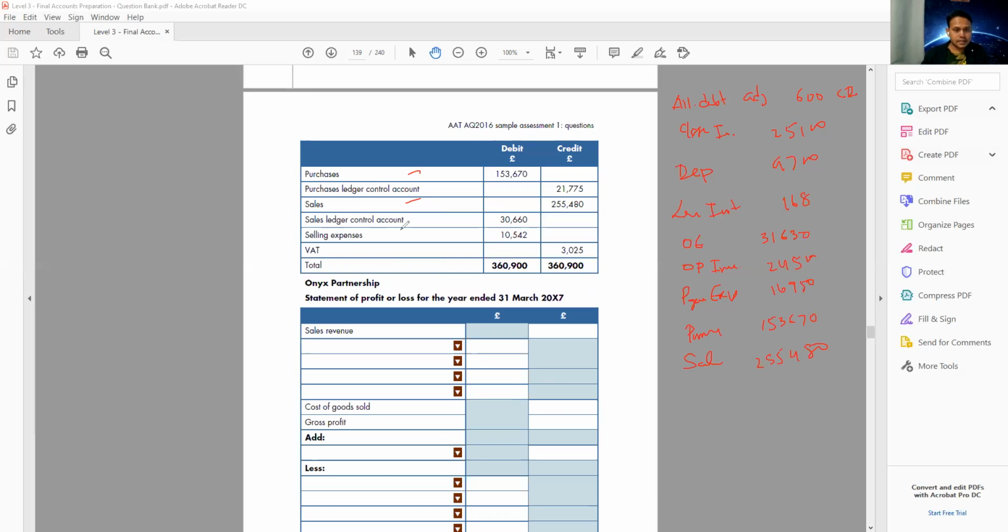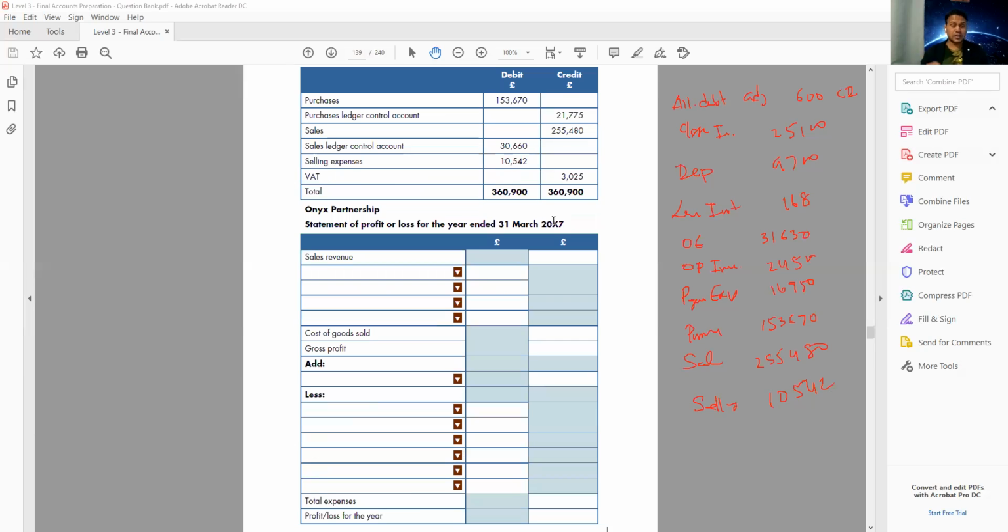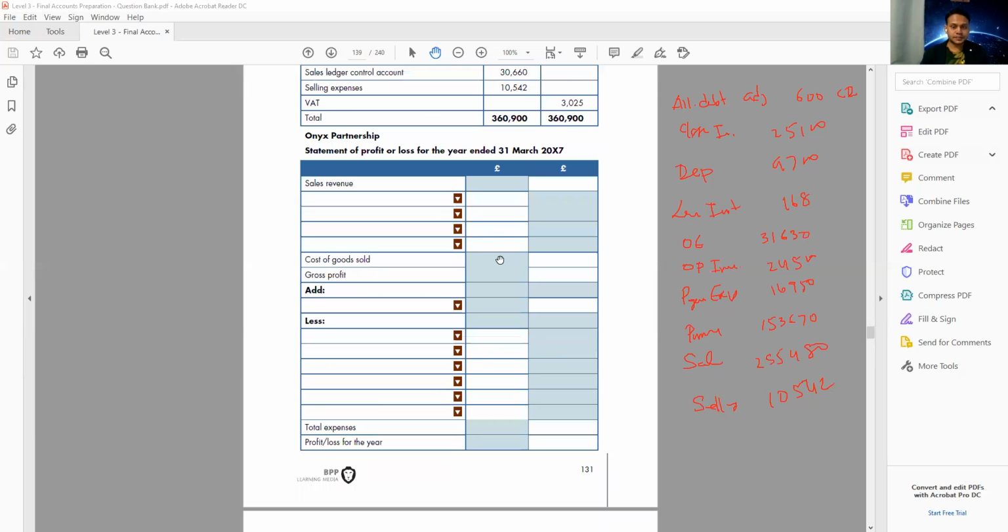Then sales ledger account is not going. Selling expense is going, is expense, 10,542. Yes, I think more or less this is it. So let's start with the question. If you need something, we can come back later on. So when you have the question in the exam, make sure you identify the items quickly on your scrap paper, quickly write them down in small form so that when you complete this one, you can do it really quickly.